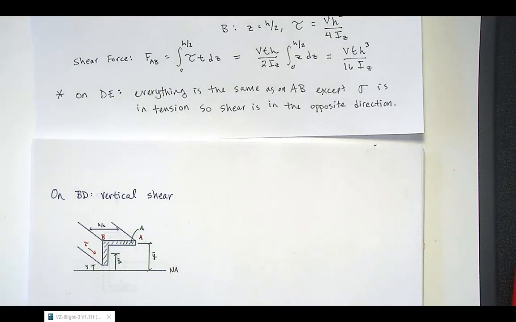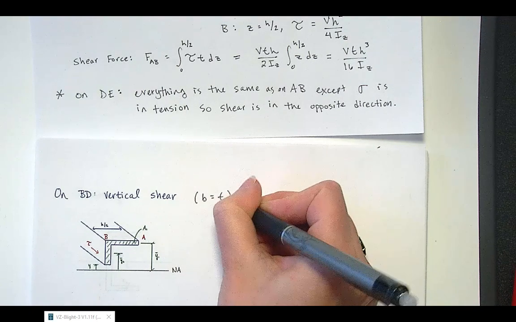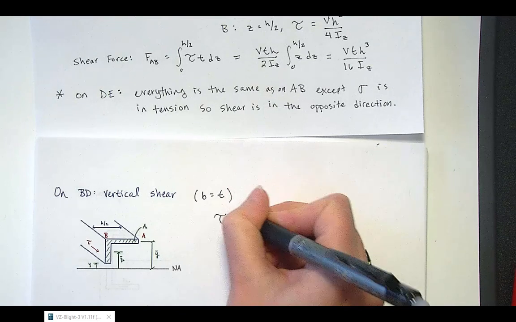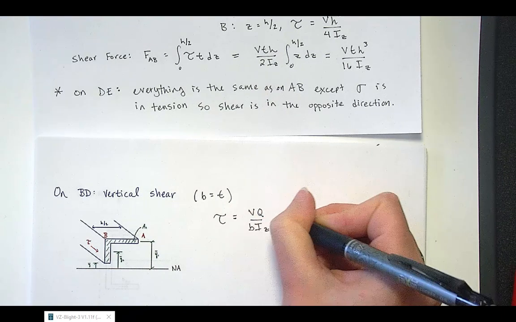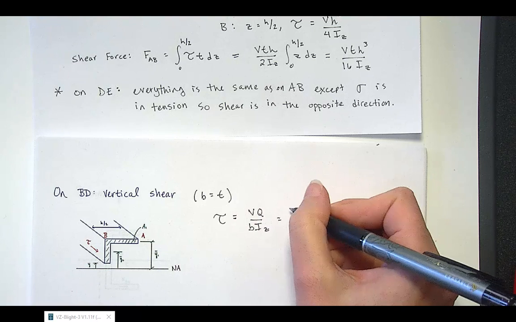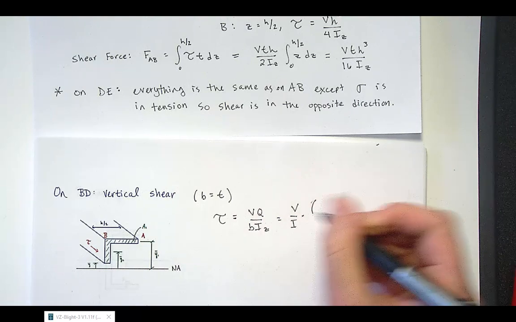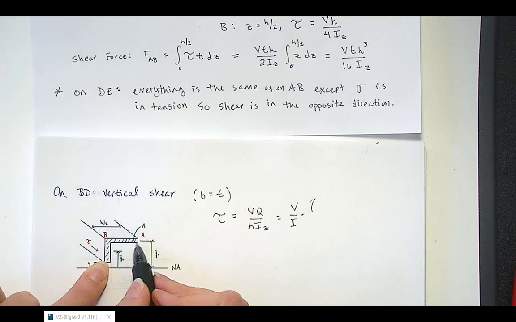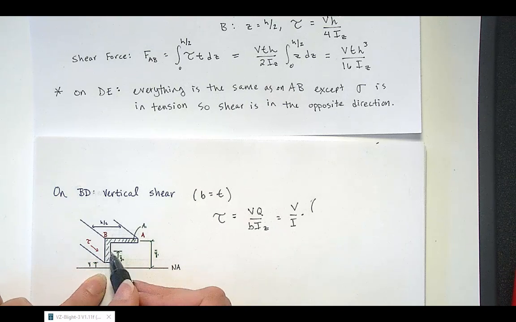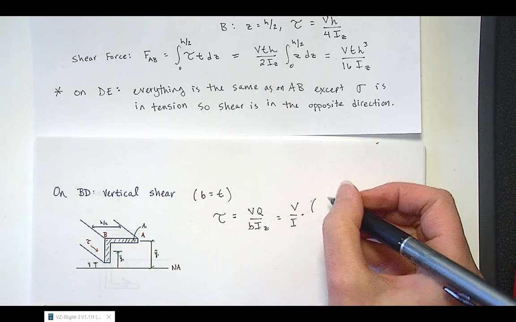In this case, that happens to also be equal to T. So once again, we have B equal to T. And our shear stress is equal to VQ over BIZ, which would be equal to V over I times, now our Q, because we're somewhere in the vertical segment, we have the area in the top flange to consider, as well as whatever area is included in the vertical segment to our point that we're calculating shear stress for.